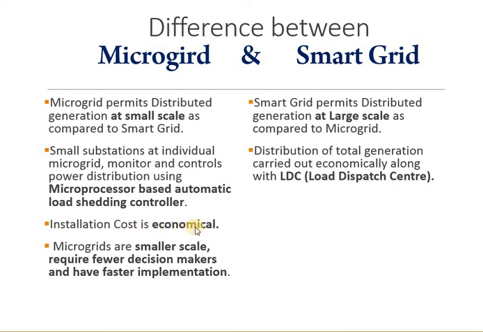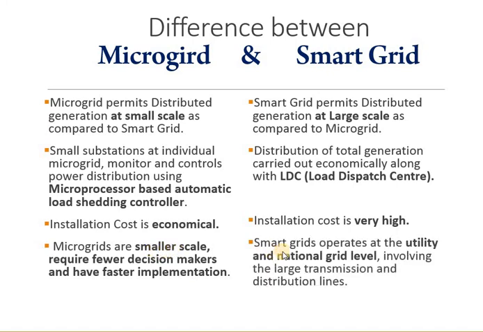In a microgrid, installation cost is economical. Here, in a smart grid, installation cost will be very high. Then microgrids are smaller scale, which require fewer decision makers and have faster implementation since their size is small, whereas smart grids operate at the utility and national grid level.